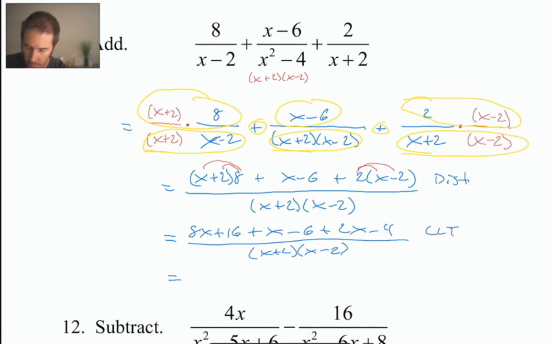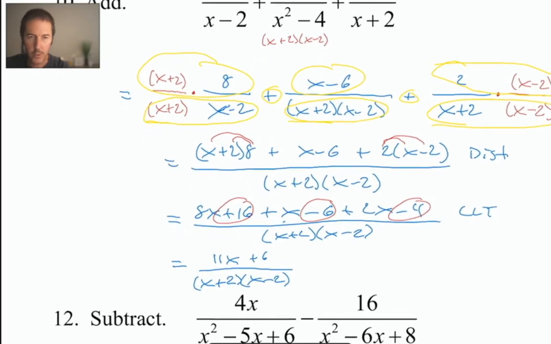Now I'm going to combine like terms, CLT for combine like terms. I've got 8 x's, plus another x makes 9 of them, plus another 2 of them makes for 11 x's. And let's look at our constant values. I've got positive 16, take away 6 makes positive 10, take away 4 makes positive 6, so that is a plus 6, all divided by our common denominator of x plus 2 times x minus 2.